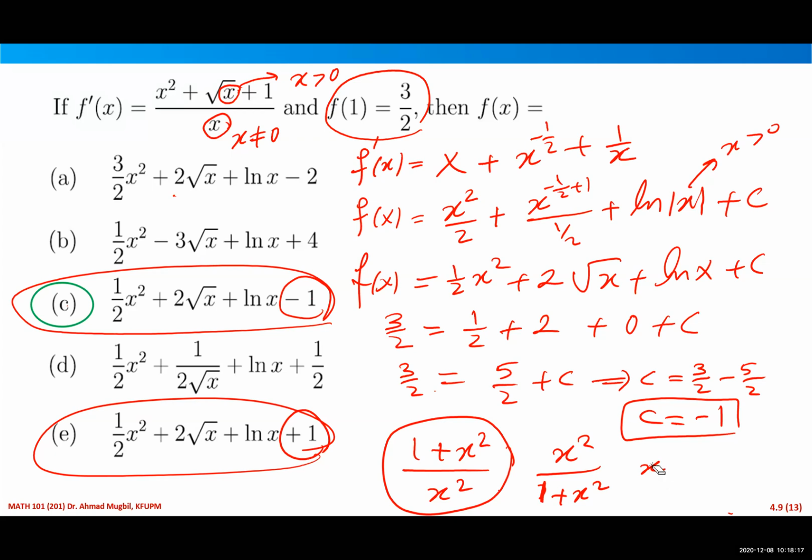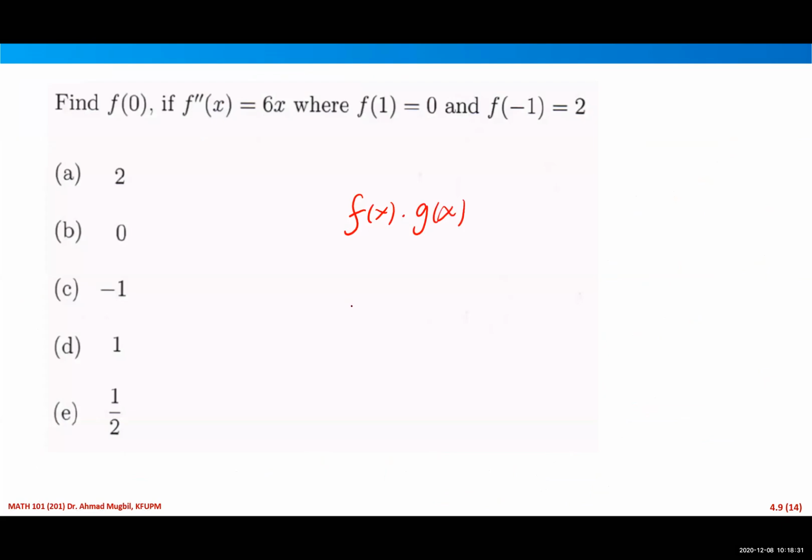Why? Who said that we have a formula for the product? Now your question is, let me write it here: if you have a function multiplied by another function, will the antiderivative of the function be the antiderivative multiplied by the antiderivative? Is this your question? You have x squared multiplied by 1 over 1 plus x squared.